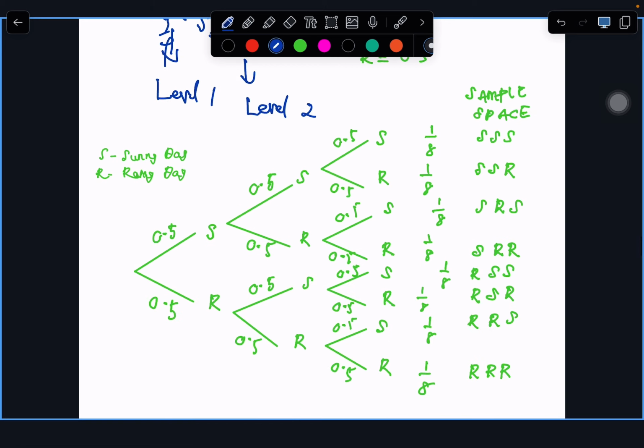So here, where is the intersection? Don't look anywhere else. Look at here, because your tree diagram is there. Where is the intersection?